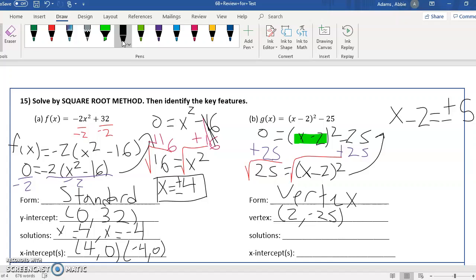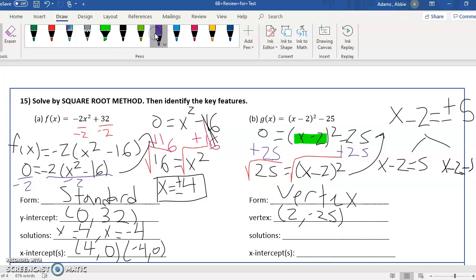From here, this is not our solutions yet because we haven't isolated our x term. So let's break it into two separate equations. I'm going to have x minus 2 equals the positive 5, and x minus 2 equals the negative 5.